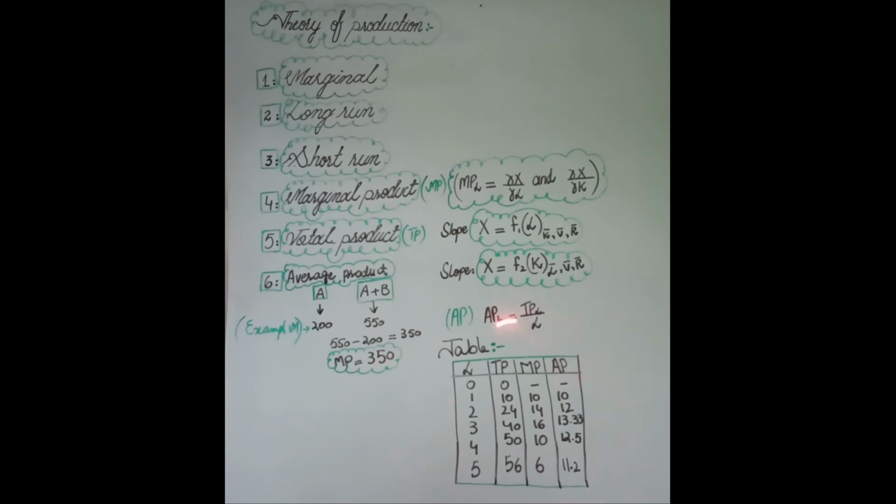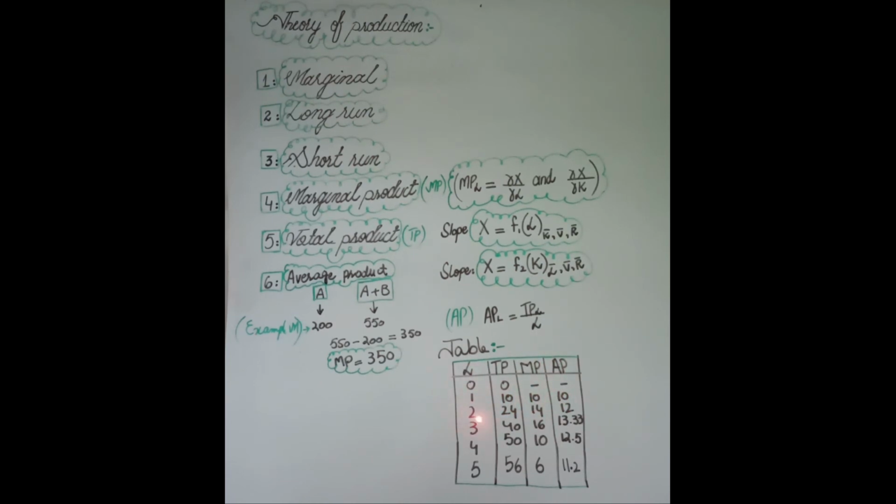I have given the table here. The first column is for labor, the second one is total product, the next one is marginal product, and the last one is for average product. I will explain the first row, and it is your task to understand all the rows and create the relationship between the total product, marginal product, and average product. When we add one unit of labor, the total product is 10, the marginal product is also 10, and the average product is also 10.